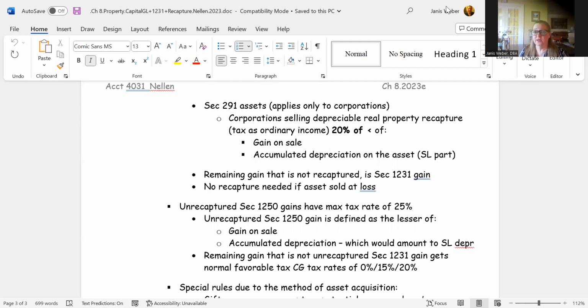Code Section 291 is making the corporations recapture 20% as ordinary income, but not in excess of the gain. Whatever the gain is, you calculate that first, and then you see how much of that gain is represented by depreciation we had taken before. So whatever it is, you're taking 20% of that as ordinary, and the rest can still be treated as capital gain.